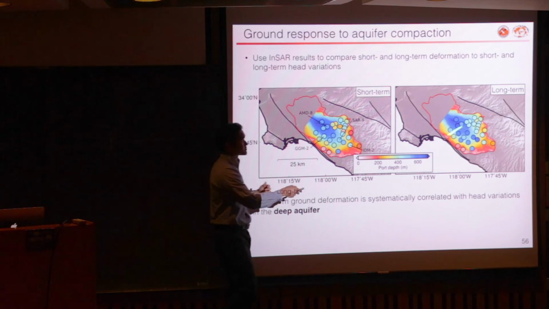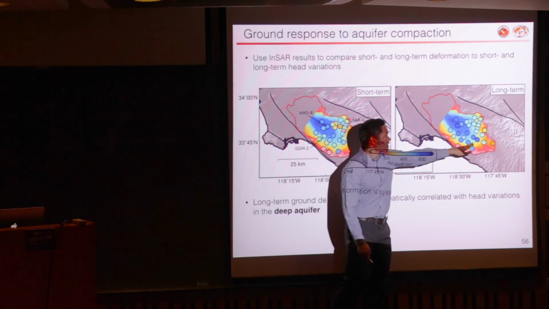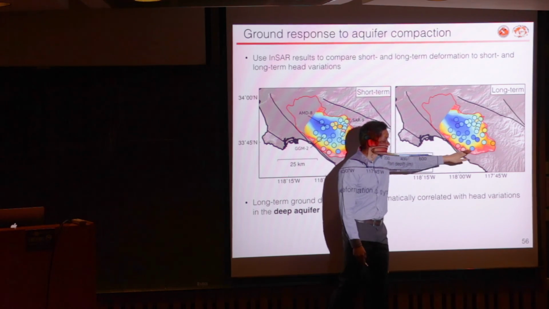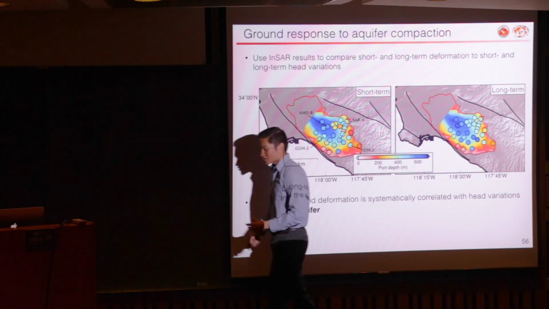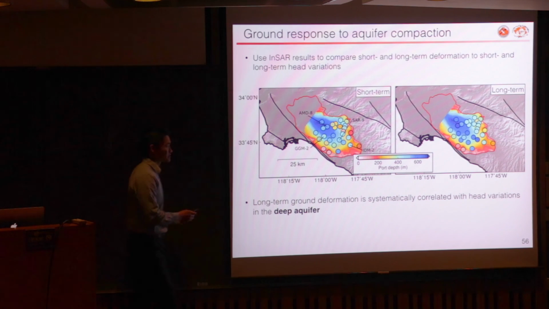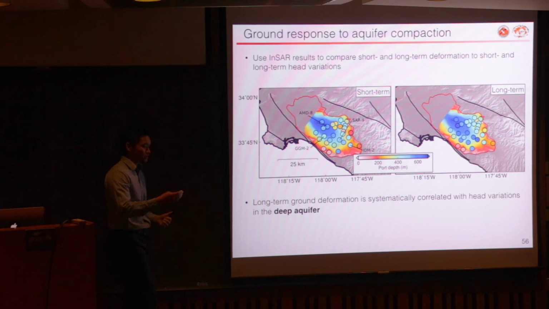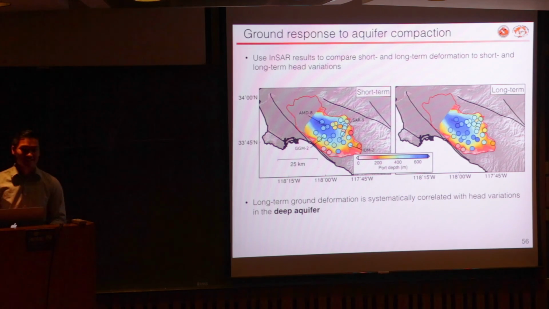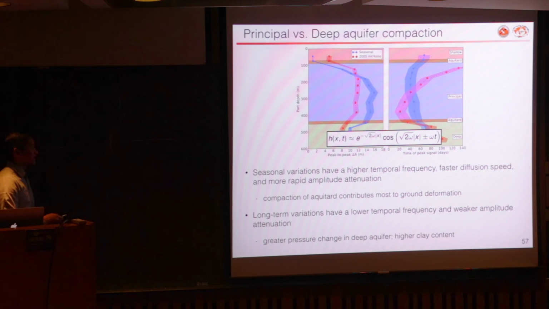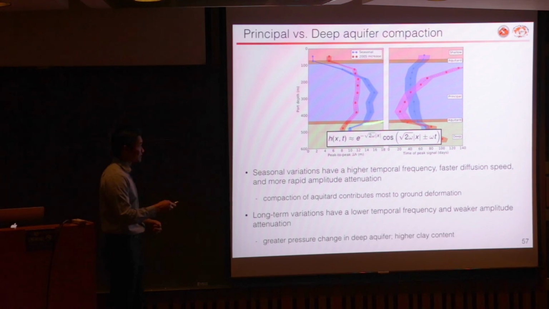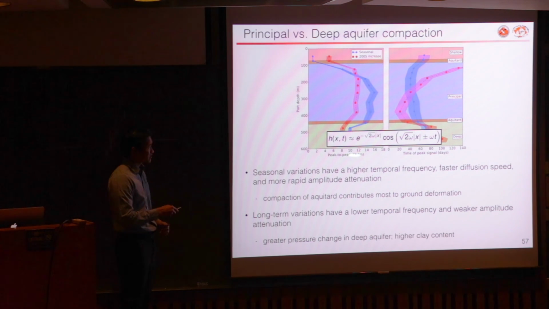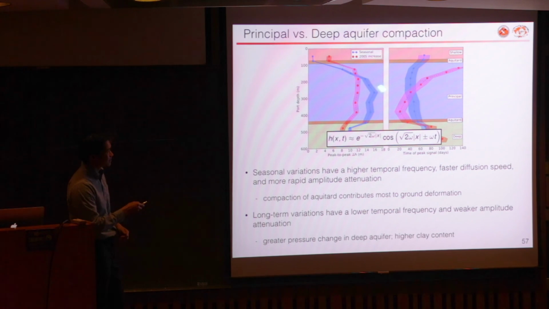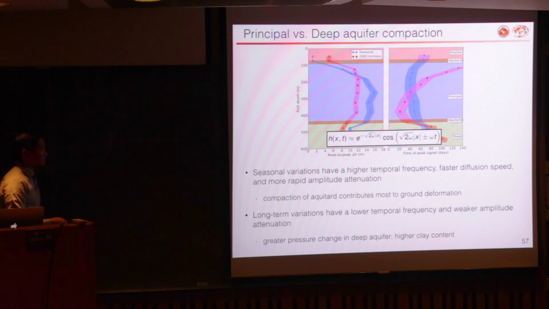Whereas if you look at the long-term signal, you have this systematic effect where a lot of these wells are actually deeper than the aquitard. So it's reinforcing this result where the long-term signal is mainly due to long-term changes in the deep aquifer. I think this can be explained by going back to this figure and this equation, where we looked at how the different timescales diffuse in depth.